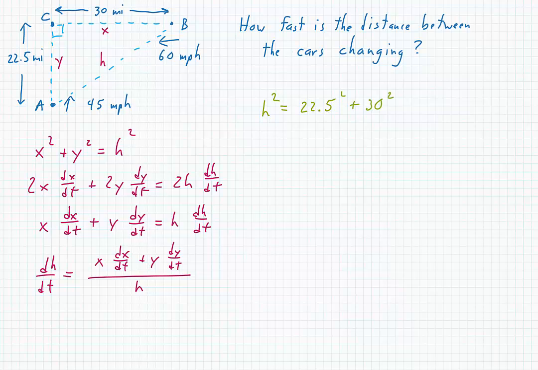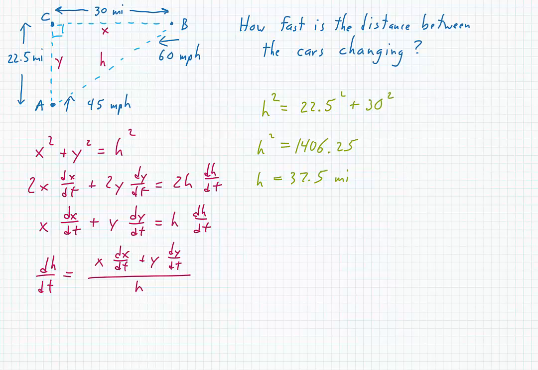And if I pull out my trusty calculator and figure out what 22.5 squared plus 30 squared is, I find out that h squared is equal to 1,406.25. If I take the square root of that, I will find out that h itself is equal to 37.5. That's going to be in miles, and that is the hypotenuse of our right triangle.